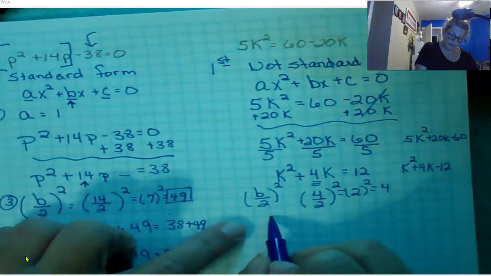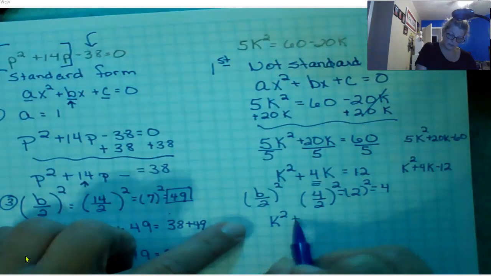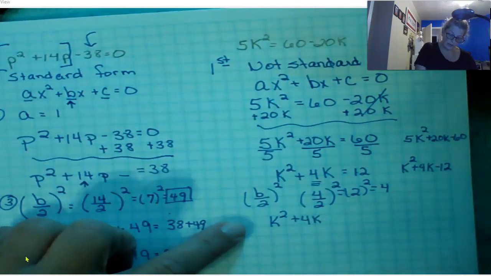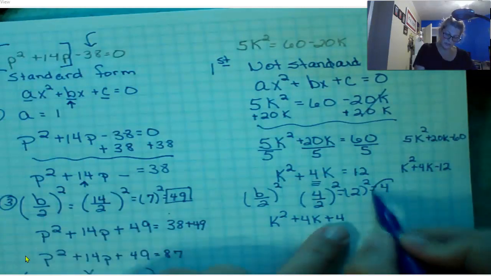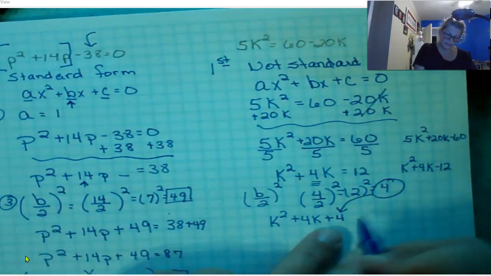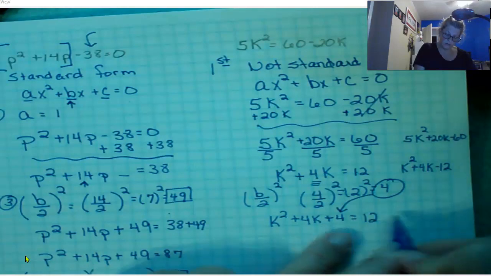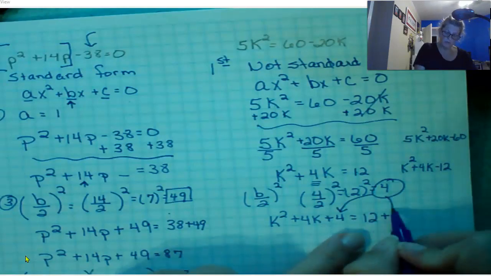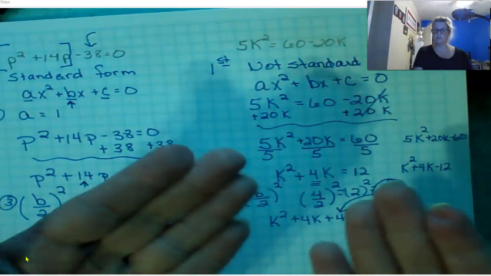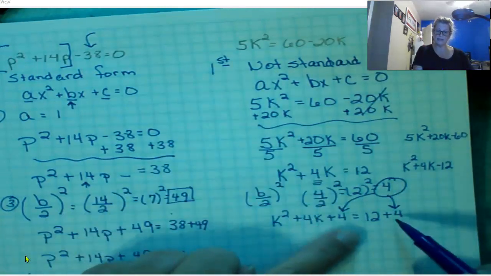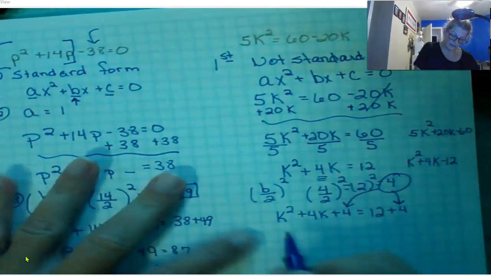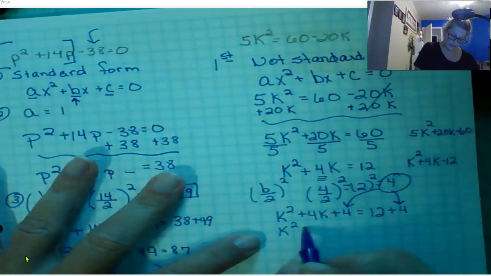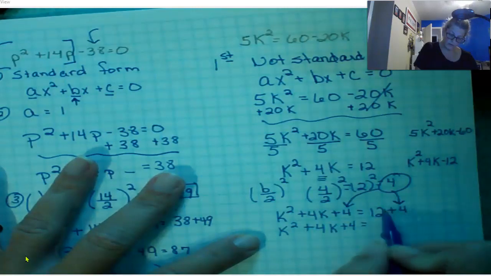So we have k squared plus 4k plus this 4 that we just added in, equals 12 plus 4. Remember, we're keeping that equation balanced, so if I add it to one side, I have to add it to the other side. So we have k squared plus 4k plus 4 equals 16.